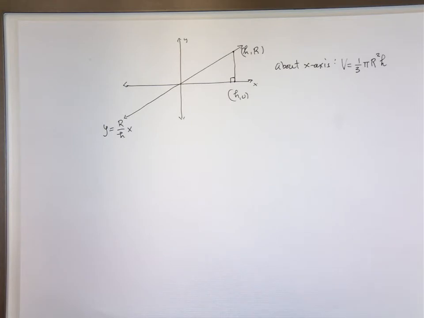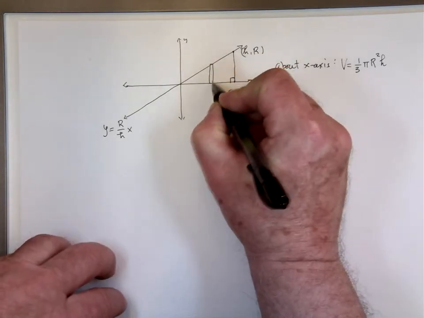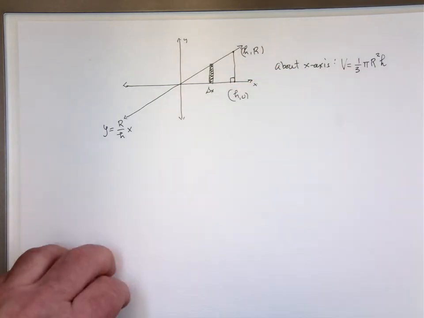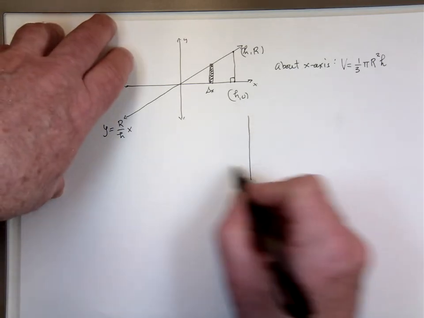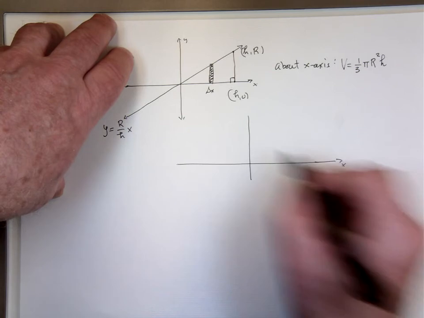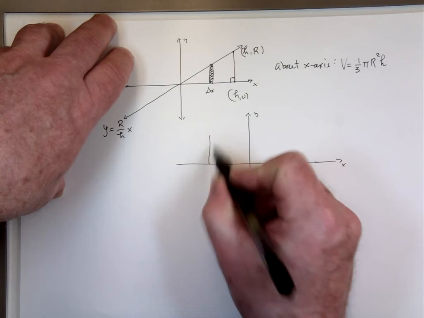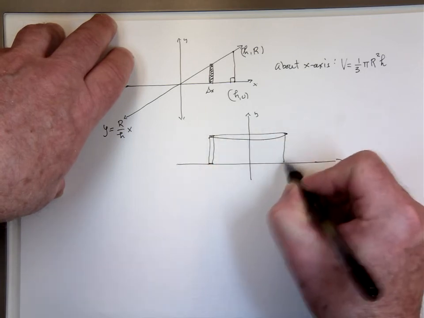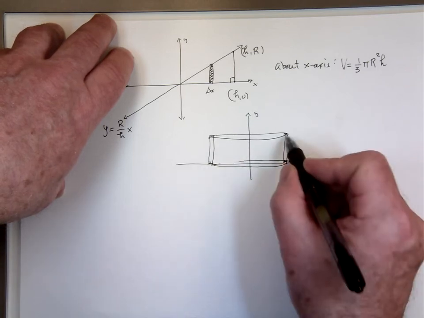When I take my rectangle and whip it around the y-axis, this is what I'm going to get.